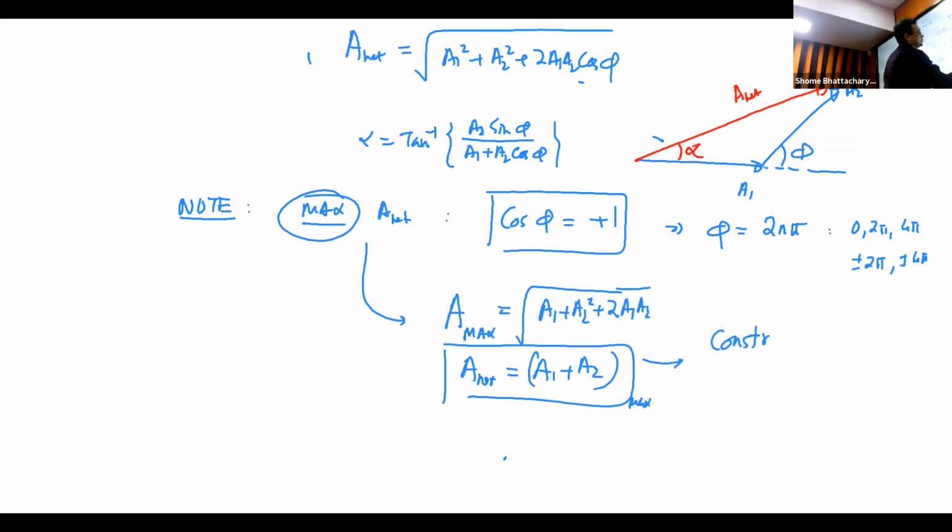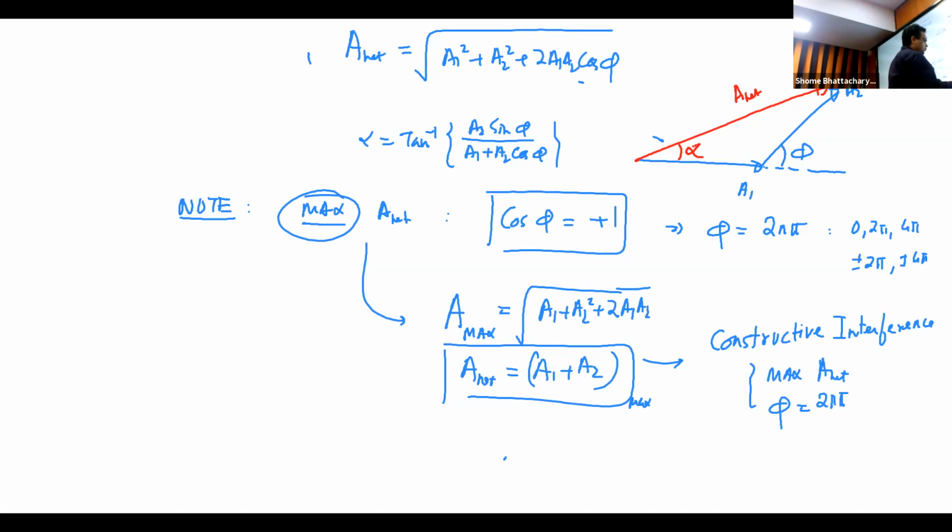Okay. So interference is the general term for superposition of waves with same frequency traveling in the same direction. But constructive interference is the special case of interference when maximum net amplitude occurs. And the condition for that is that the phase difference has to be 2n pi type.